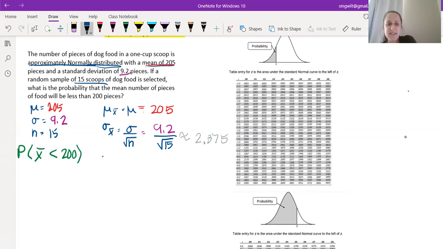The corresponding z-score here is going to be x bar minus the mean of my mean distribution divided by the standard deviation of my mean distribution, which means that I'm going to take 200, subtract 205, and divide by that 2.375.